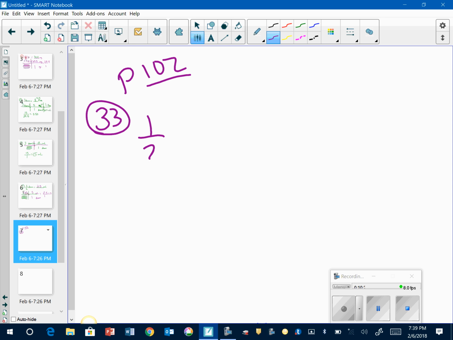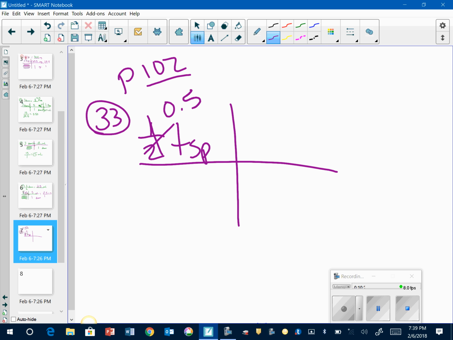So this one you kind of figure in your head. So half a teaspoon, which is going to be 0.5 because we have to put it in decimal form, and milliliters. Okay, so 1 teaspoon is equal to 5 milliliters. 0.5 times 5 is going to be 2.5. Okay.